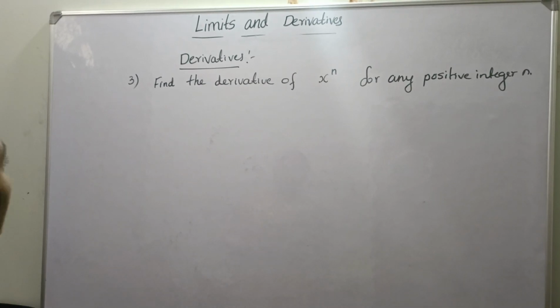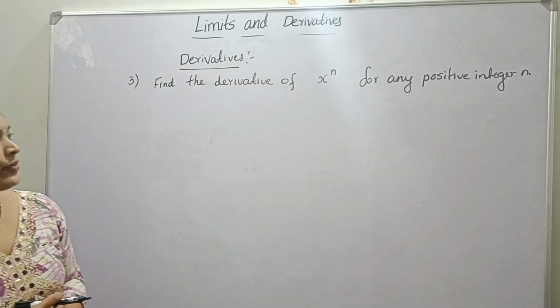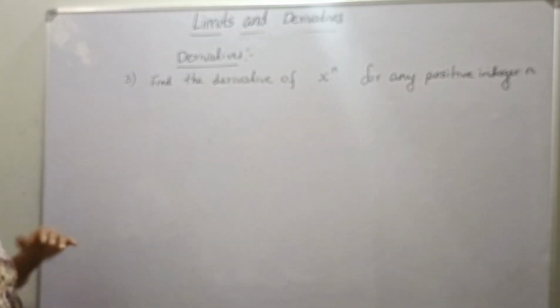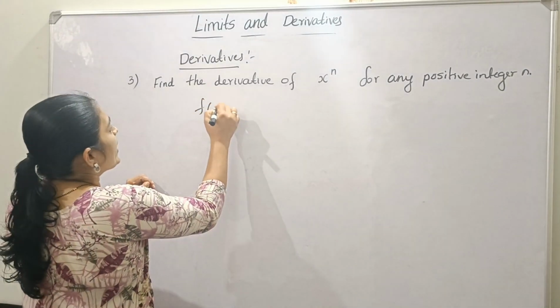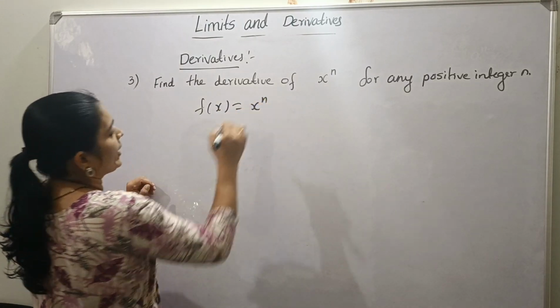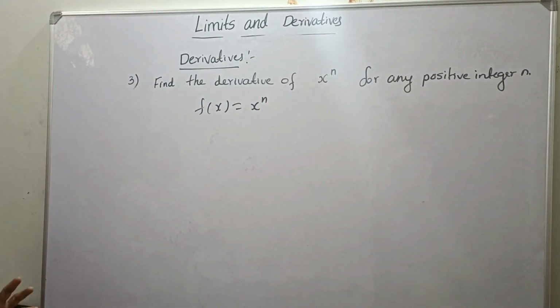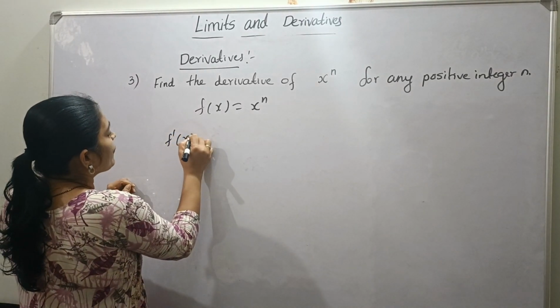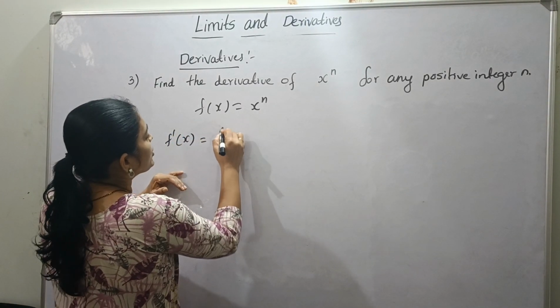See this question: find the derivative of x raised to n for any positive integer n. Very important. Here the given function is f of x equal to x raised to n. We have to find the derivative of x raised to n. So let us write f dash of x, what is our definition?